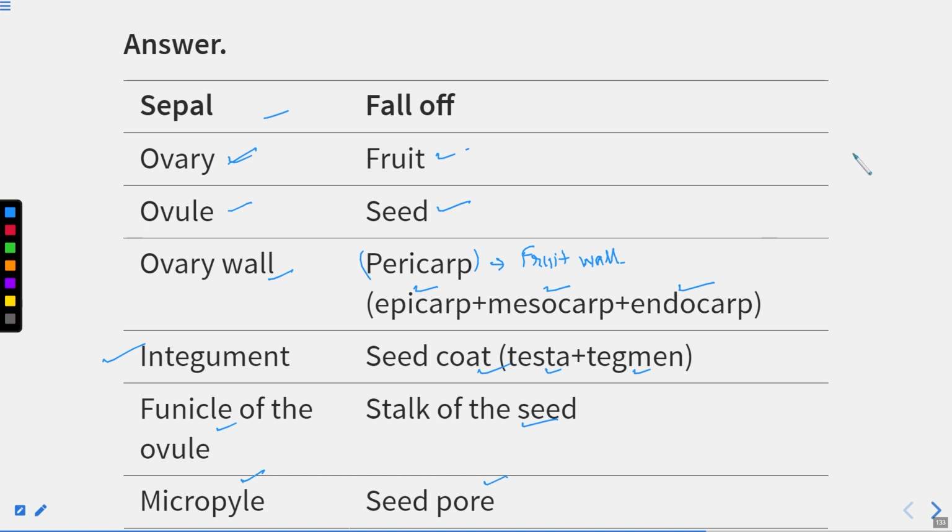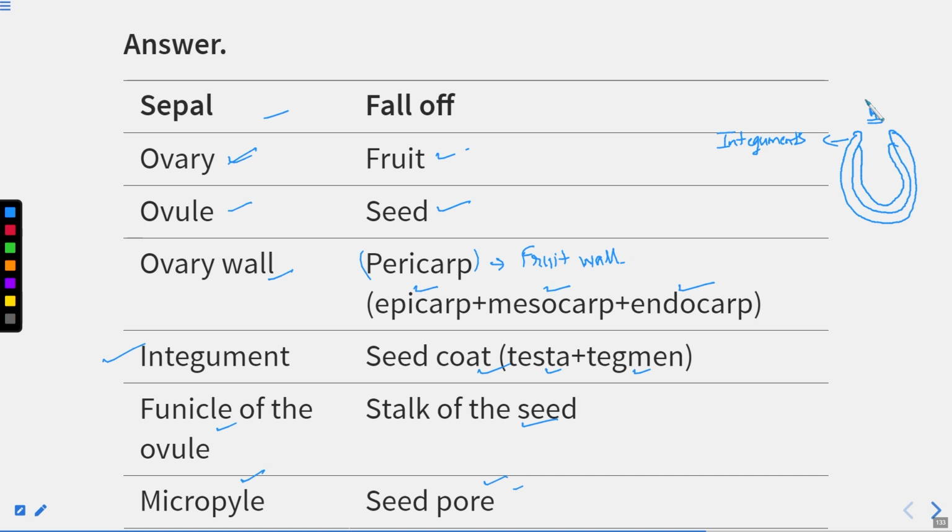If we draw the ovule, again I am drawing a very rough diagram of the ovule. These are the integuments. Two integuments are present, and these integuments will develop into the seed coat. This is the micropylar end. This will develop into what?